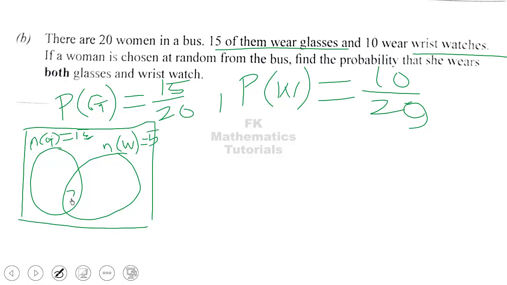Now I don't know those who wear both, so I can represent this with x. Then this one will be 10 minus x and this one will be 15 minus x.